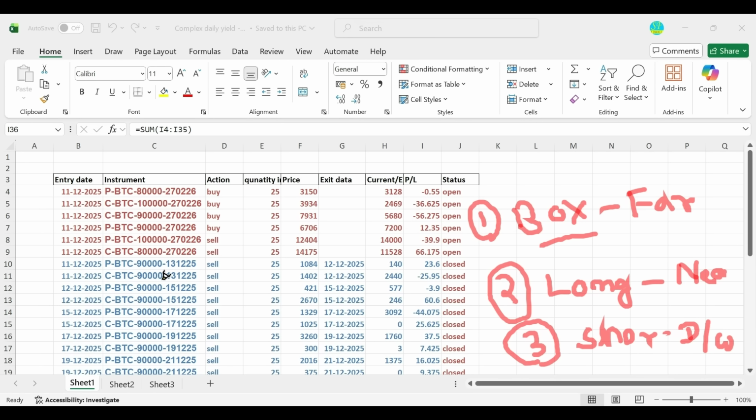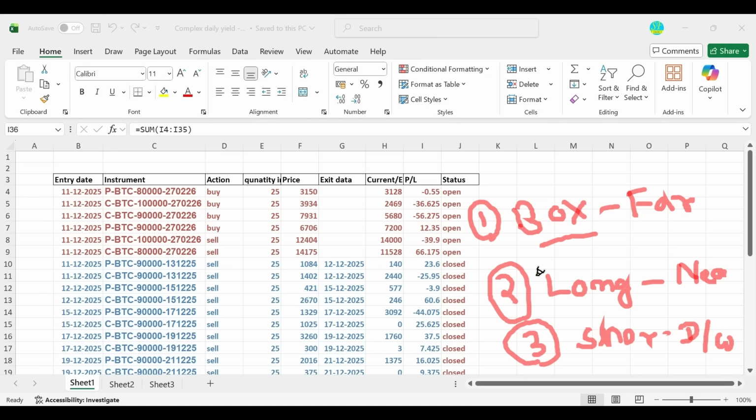In BTC we followed the alternate day approach: 13, 15, 17. One day we gave a gap and kept on selling the next day. However, in ETH we followed the daily approach; every day we sold.